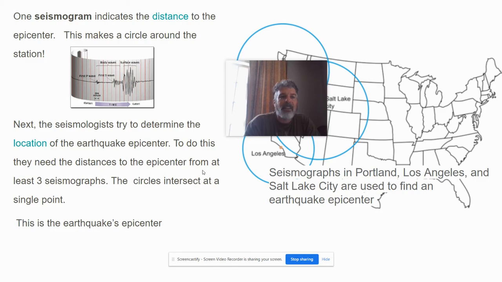The last thing I want to say is the seismogram, which is this, indicates how far away an earthquake is from the epicenter. And this makes a circle around whichever station recorded this information. Then what you do is determine how far away the earthquake occurred from one point.